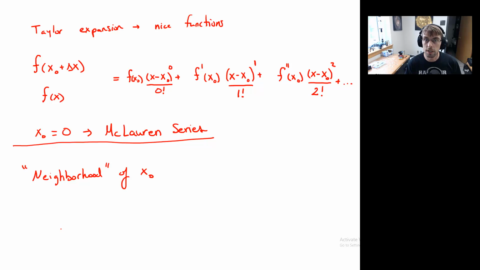So the issue is the further away from x naught you want to evaluate this function, the more terms you will have to include in your Taylor series expansion. If you want to get a good approximation, the further away you get from x naught, the more terms you'll have to keep in the expansion in order to have a more accurate approximation.